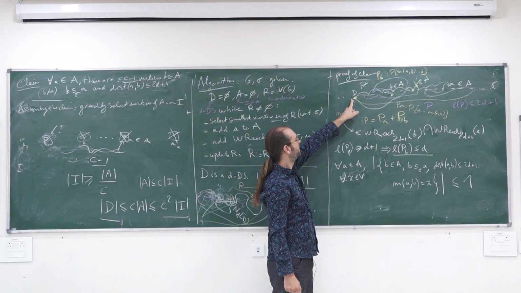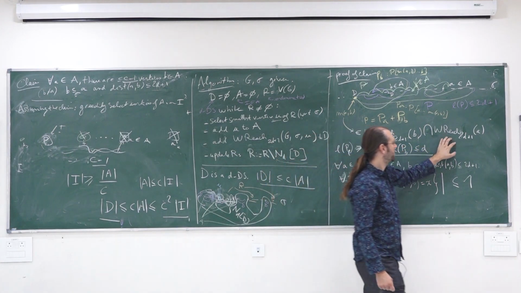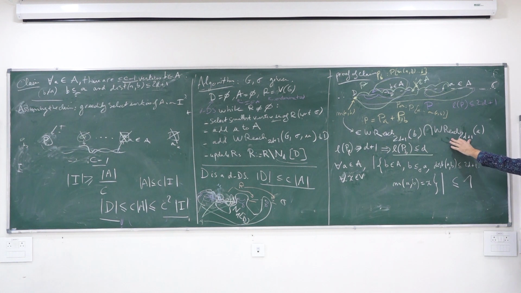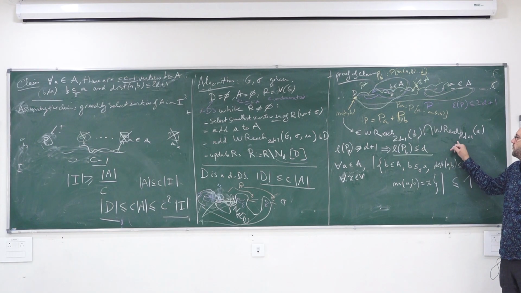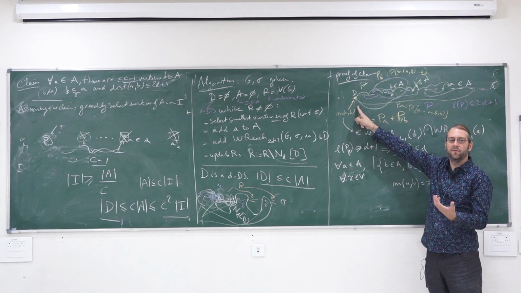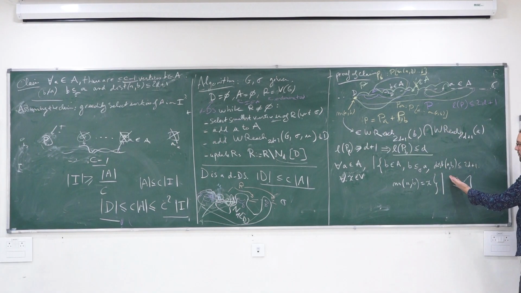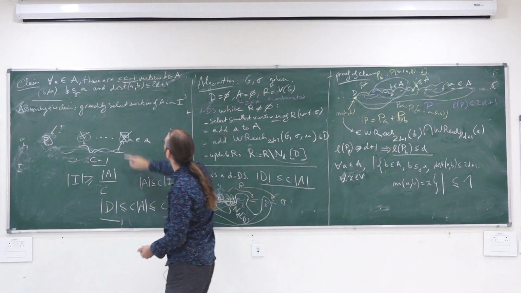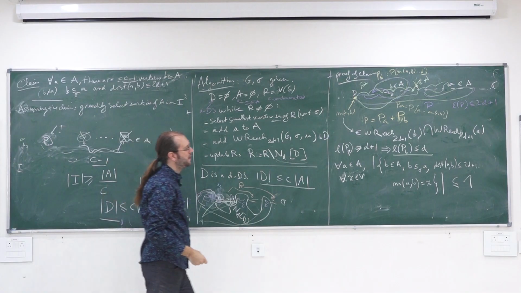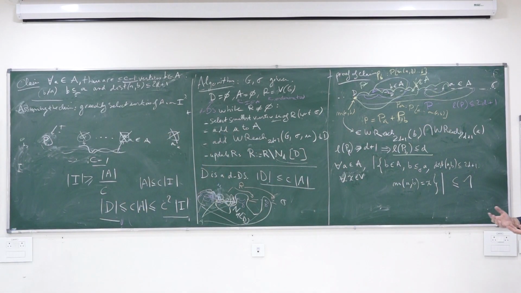But this minimum, remember, belongs to the reachability set of A. So this set is bounded by C. So there cannot be too many minimums. There can be at most C possible minimums. Each of them gives you one other guy in B. So that means there is at most C, well, C minus 1 because A is itself in this reachability set. So there is at most C minus 1.